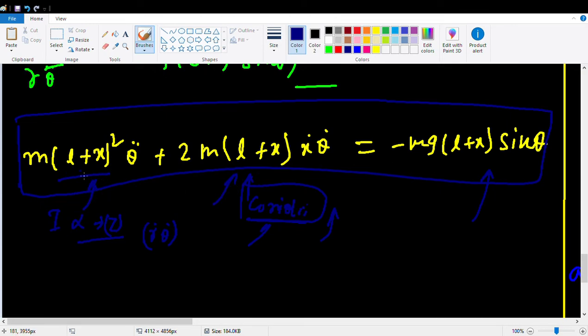And we also call this a centrifugal acceleration. Also this corresponds to centrifugal acceleration. So you don't have to worry about anything. The acceleration has two components, r hat and theta hat. So this guy is the centrifugal acceleration and this guy is the centripetal acceleration.